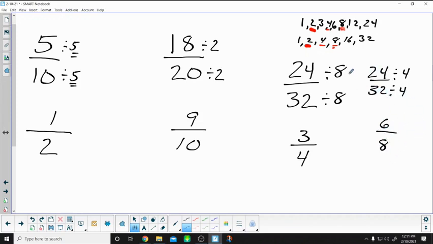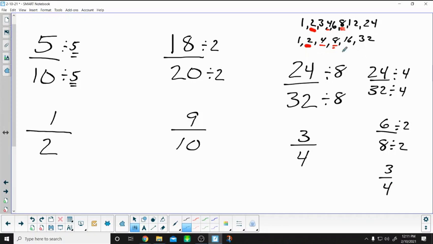What happens is, if you don't choose the largest one, you end up with a fraction that you can still reduce. So, what does 6 and 8 have in common? Well, they both are divisible by 2, so I will just do a 2 here and a 2 here. And I've got 6 divided by 2 is 3, 8 divided by 2 is 4.